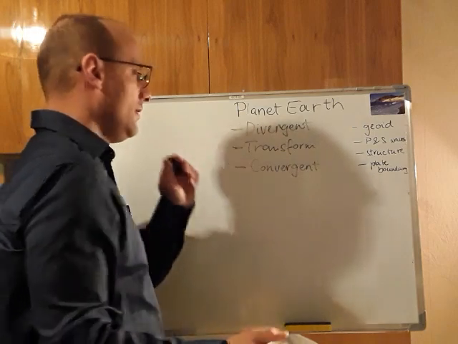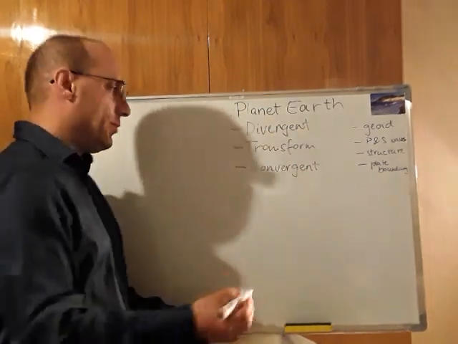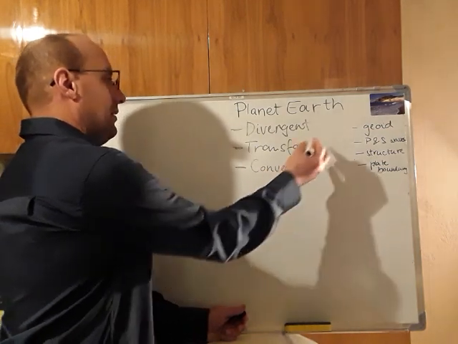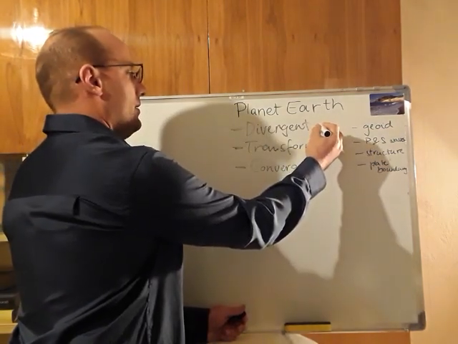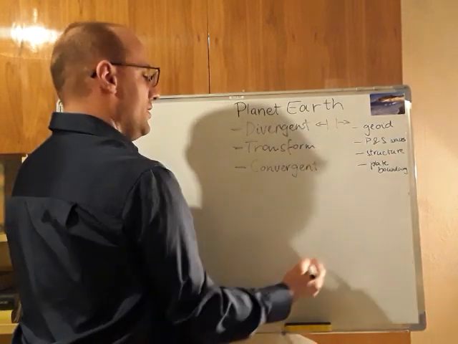Convergent plate boundary. If I just want to very briefly answer what these are or how they look, divergent is when plates move away from each other.